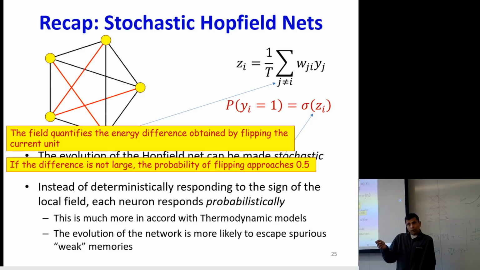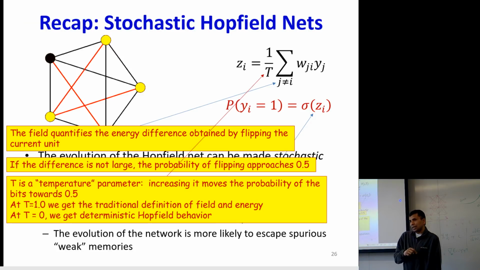And if sigma is 0.5, what does it mean? It means it doesn't matter what the field is telling you, what the orientation must be. You're just flipping a coin to decide what the orientation must be. And as you go away from it, the coin gets more and more loaded, right? So if the difference is not large, the probability of flipping approaches 0.5.